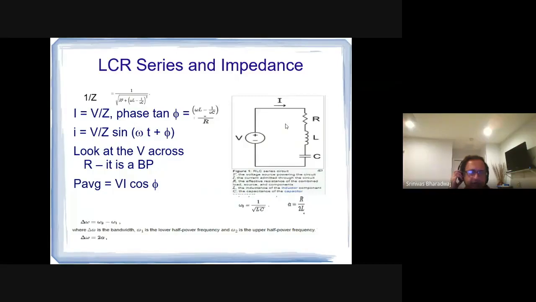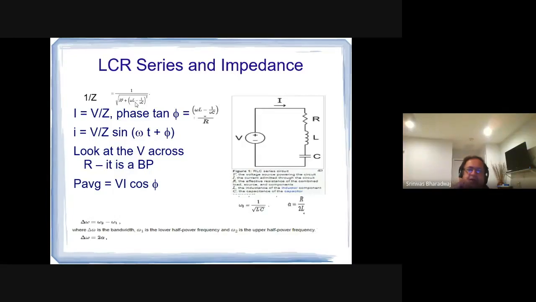So we define Z, and the modulus of Z is root of R square plus (omega L minus 1 over omega C) square. Notice that this is the real term and this is the imaginary term, so root of A square plus B square. So I equals V over Z.